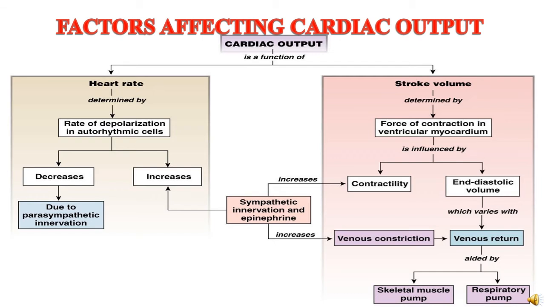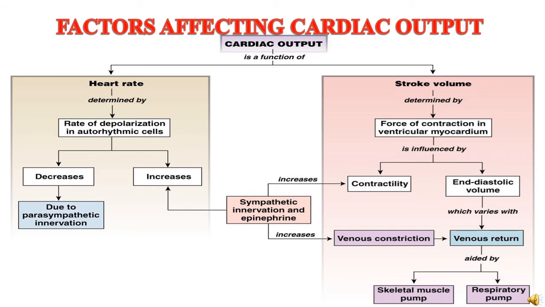which if it decreases, it is due to the parasympathetic innervation. And the sympathetic innervation and epinephrine hormone cause the increment of the heart rate. Now if we see the stroke volume, here we can see that it is determined by the force of contraction in the ventricular myocardium, and it is generally influenced by two parts, which are known as contractility and end diastolic volume.